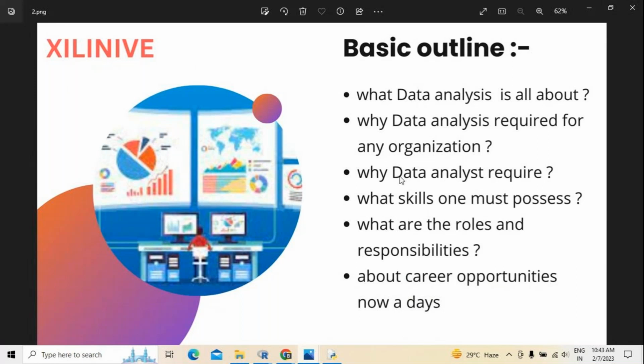Most people have a doubt about the career path: is there any career progress, or do they have a feeling that this career won't have any growth? As long as business exists across the world, there are business decisions to be taken.